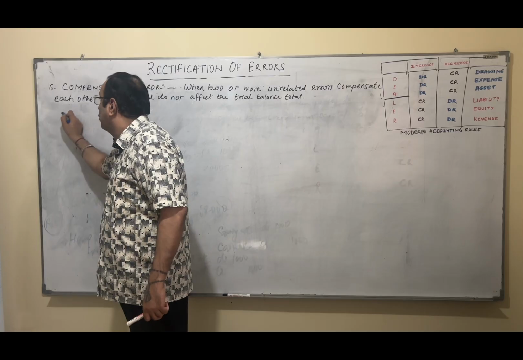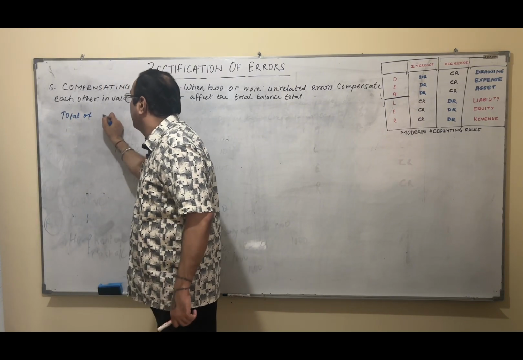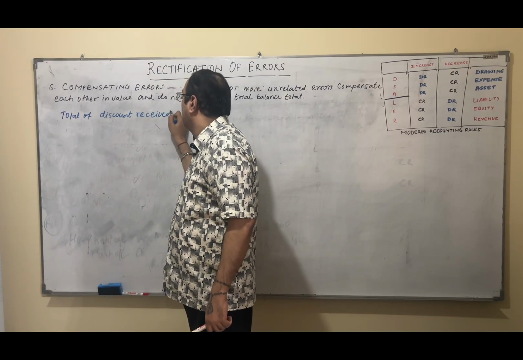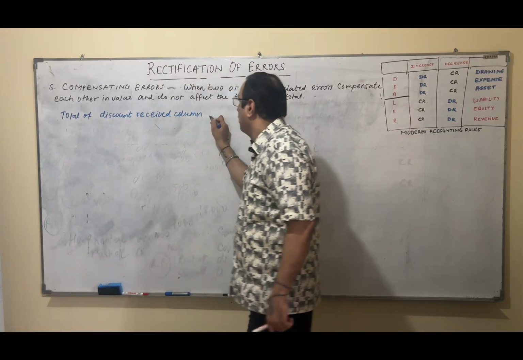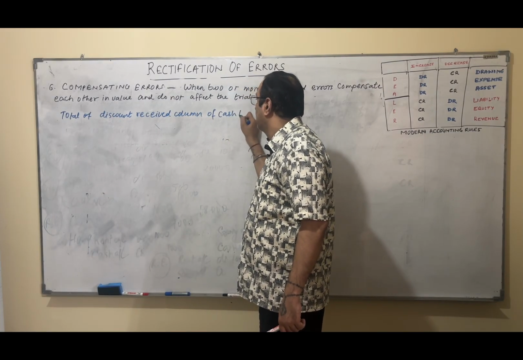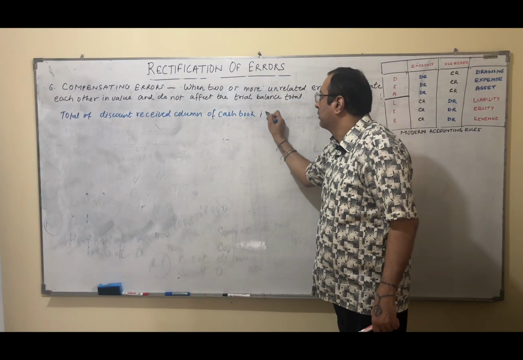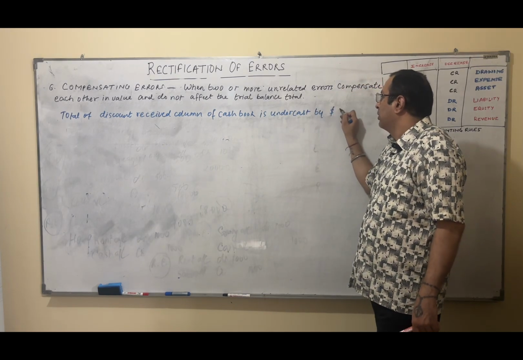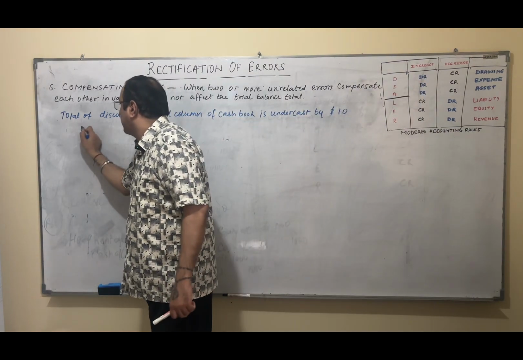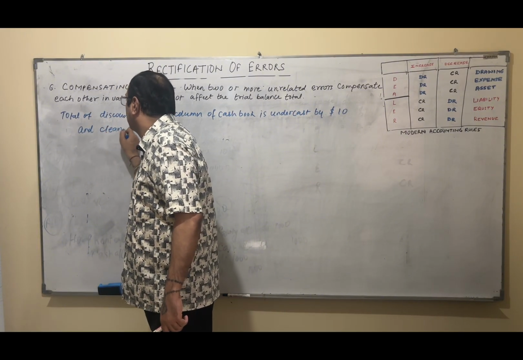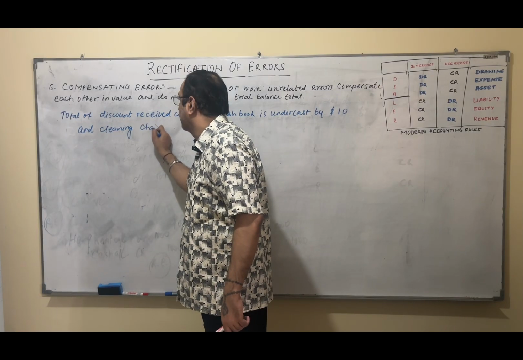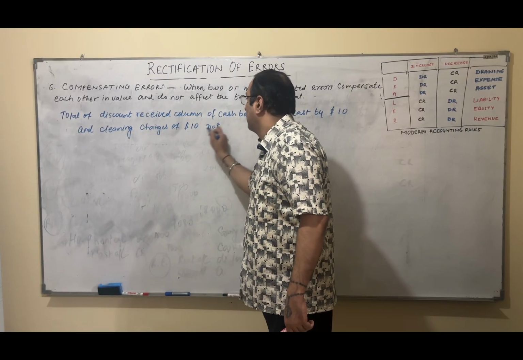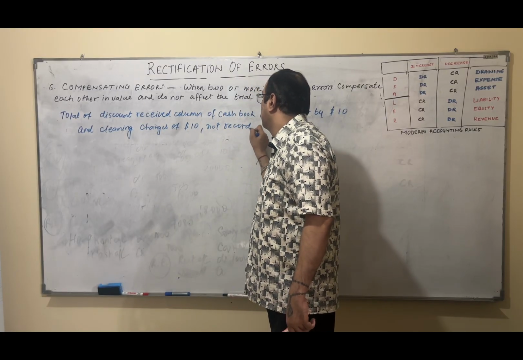Total of discount received column of cash book is undercast by $10 and cleaning charges of $10 not recorded.